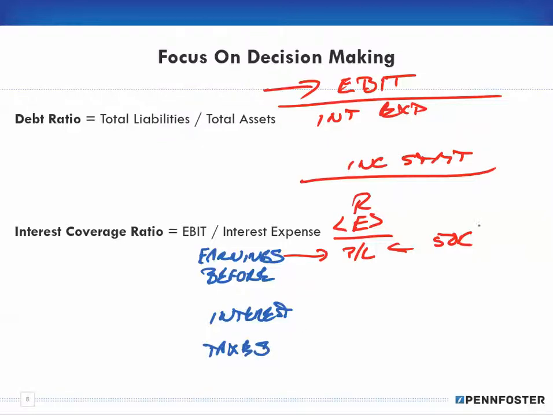Okay, so I'm just going to make up a number here. Let's say interest on this 50,000 is 10,000. So this here profit or loss, let's just call this 50,000.